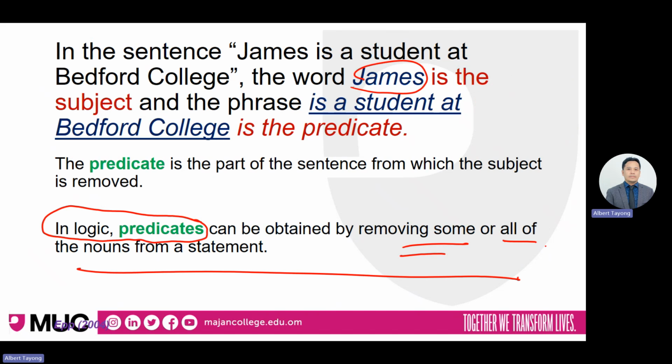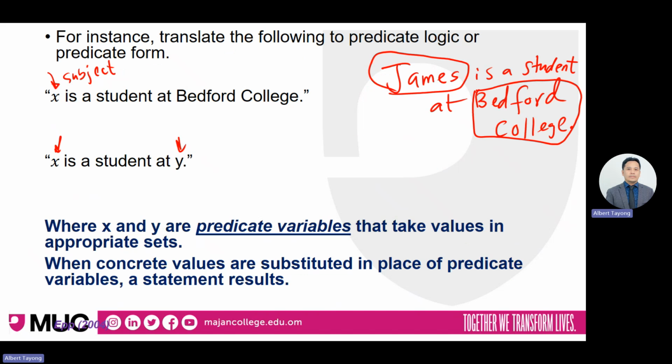So that is the meaning of this statement: in logic, predicates can be obtained by removing some or all of the nouns from a statement. But the predicates we're talking about here now have a corresponding variable. Usually when we express our sentence in predicate form, we have a variable and we have the predicate, and we combine them together.